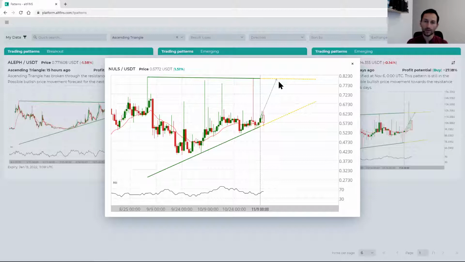I wouldn't wait for a breakout, right? So we're not anticipating a breakout here, even though typically an ascending triangle resolves in a bullish breakout, but that's not why we get involved with it in an emerging stage, because it could break out to the downside as well.